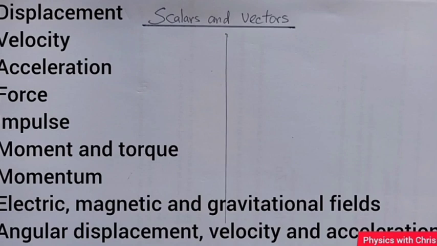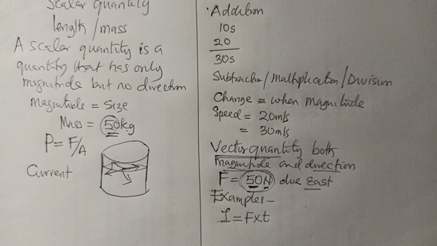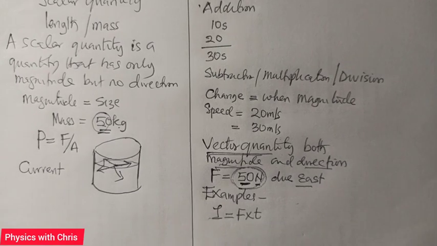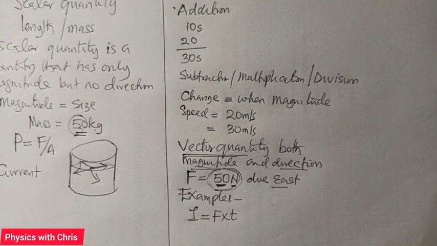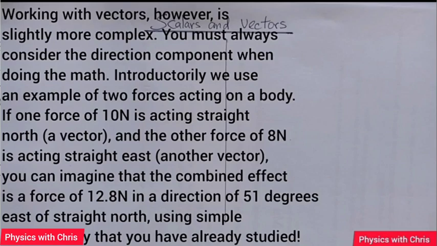How about angular displacement, angular velocity, and angular acceleration? These are all vector quantities. Now, unlike scalar quantities, it is not that easy to add two vector quantities, because you must take into account the direction and the magnitude when you are combining two or more vectors.